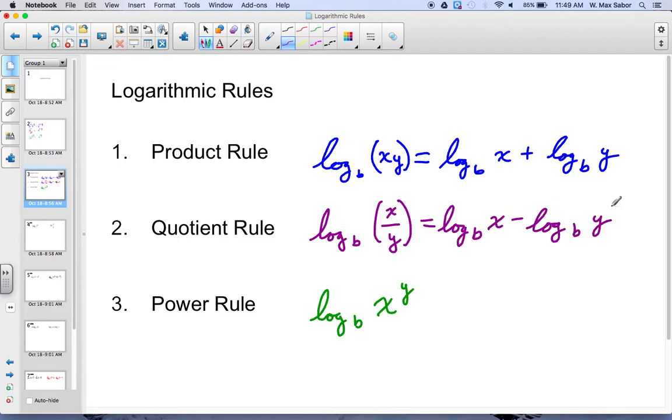So you need to memorize that multiplication turns into addition, division turns into subtraction, and exponents turn into multiplication. I'm sorry, I wrote that wrong. This is y times log of x, the power rule.